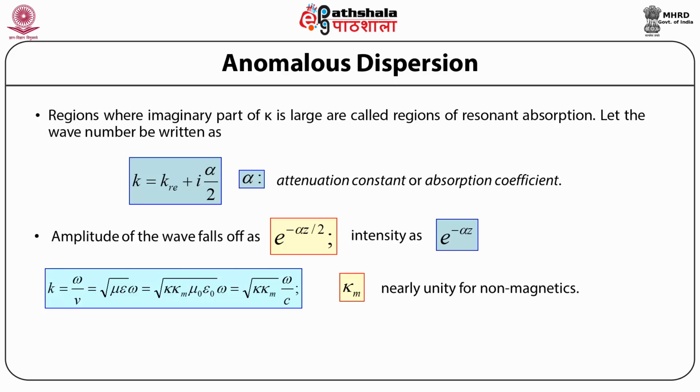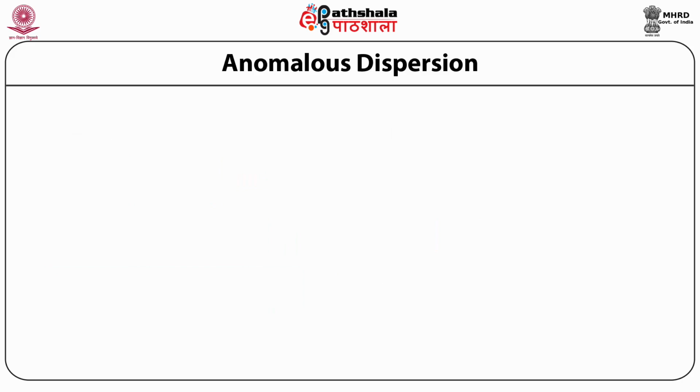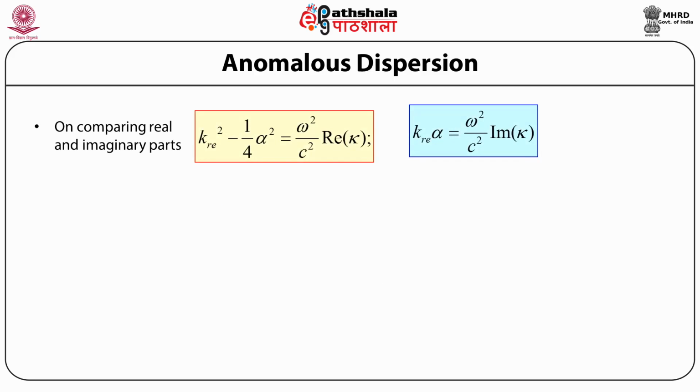So for non-magnetic material, K_m, the relative permeability, can be taken to be unity. So on squaring and comparing the real and the imaginary parts, we get k_re squared minus 1 by 4 alpha squared equals omega squared by c squared times K real. So k_re alpha equals omega squared by c squared times K imaginary.